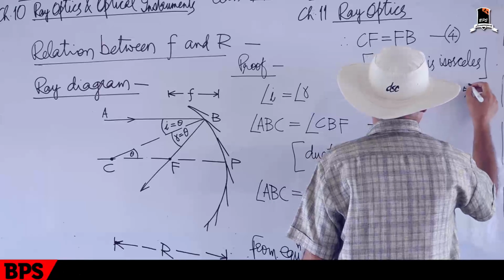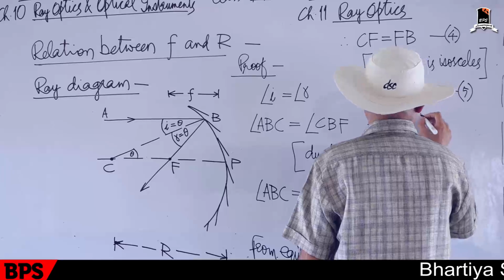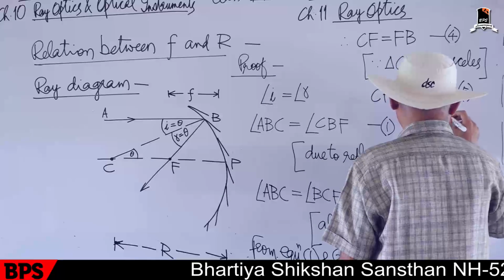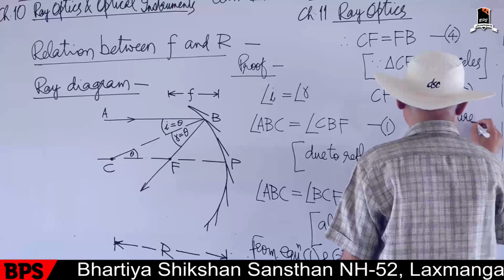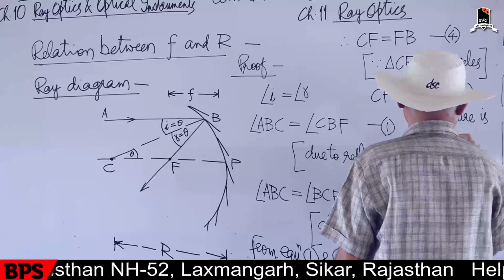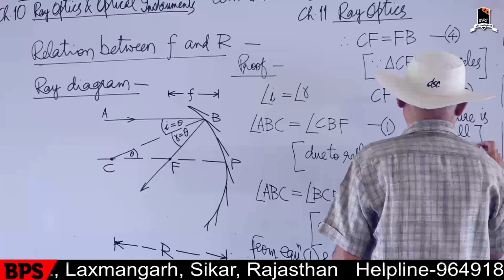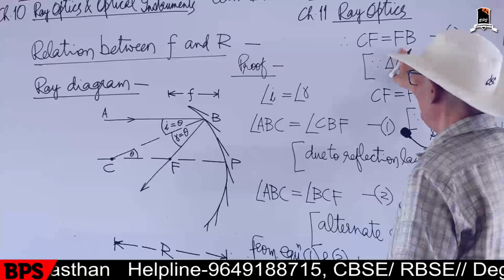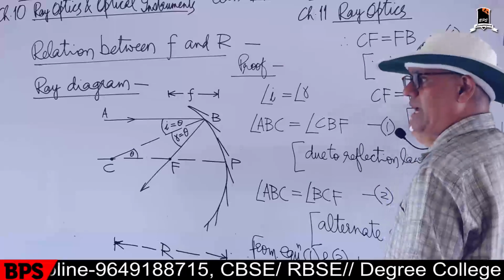Number 5. Since the aperture is small, FB is nearly equal to FP.